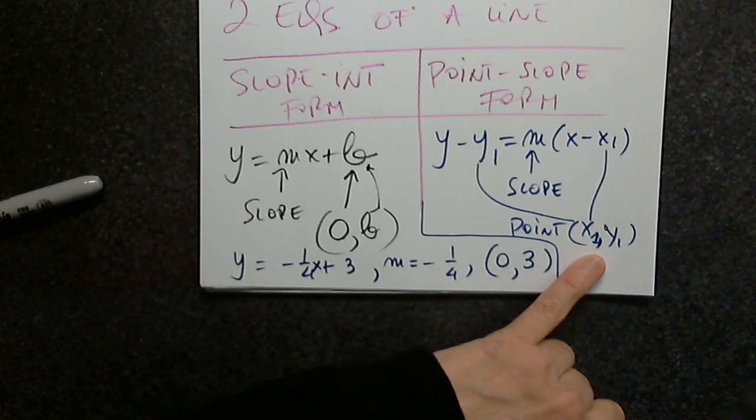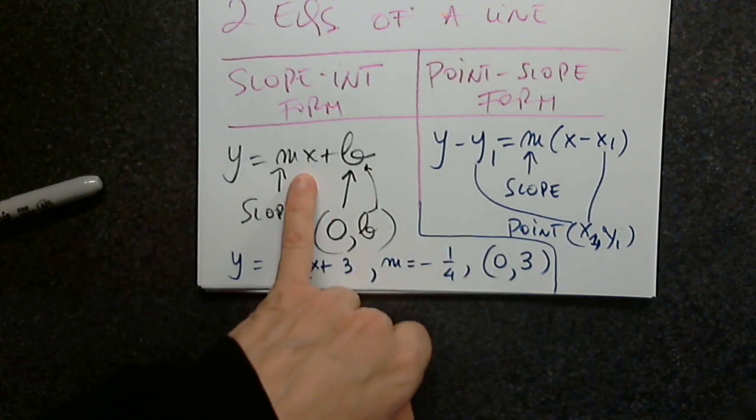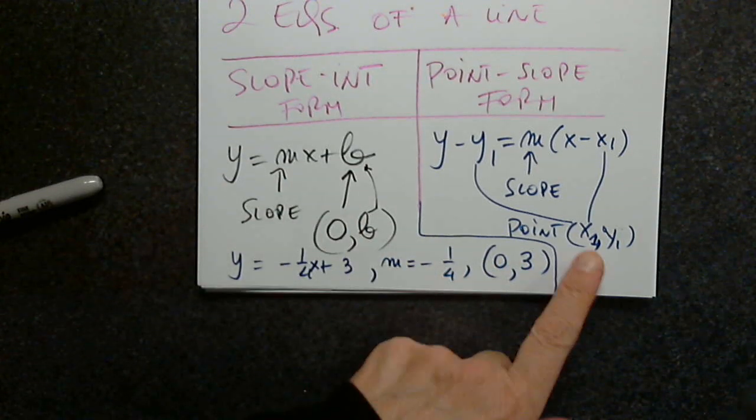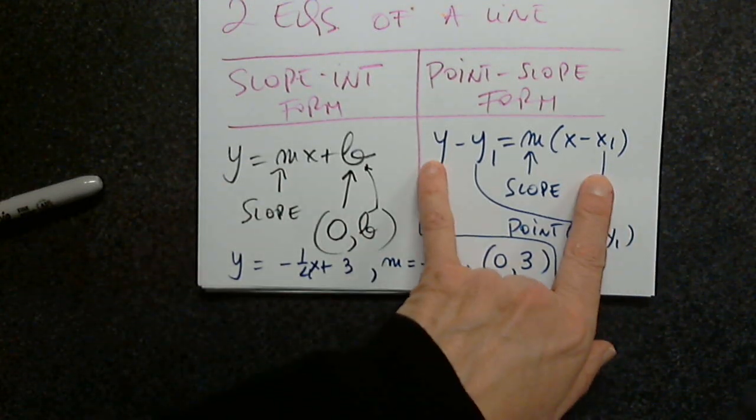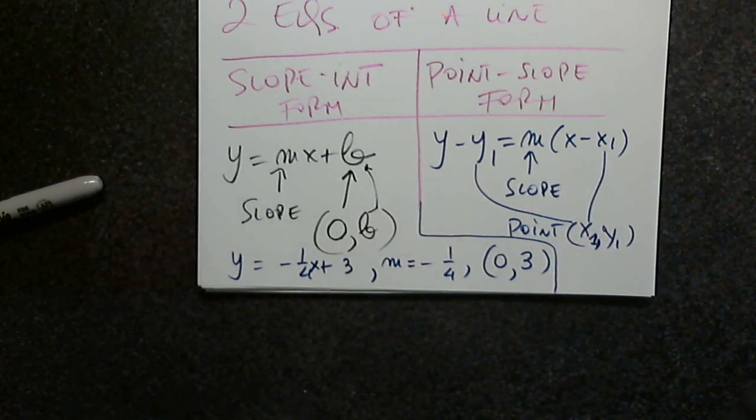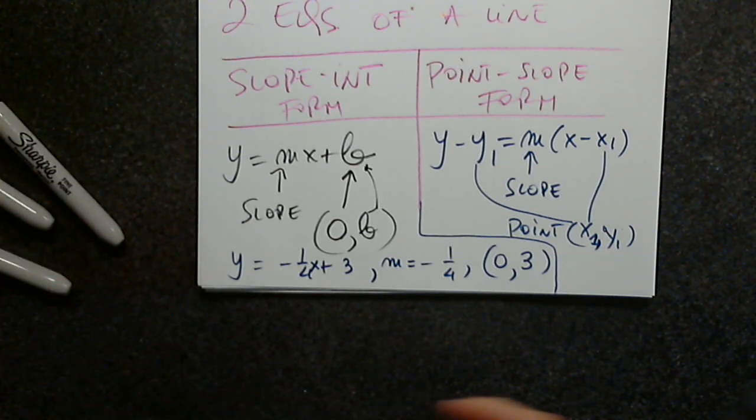Yes, it can. But if you have 0 comma 3, it's easier to use this. But if you have 5 comma 3, it's easier to use this equation. Before we work on more problems, I would like to refresh your memory on parallel and perpendicular lines. Any questions on this?